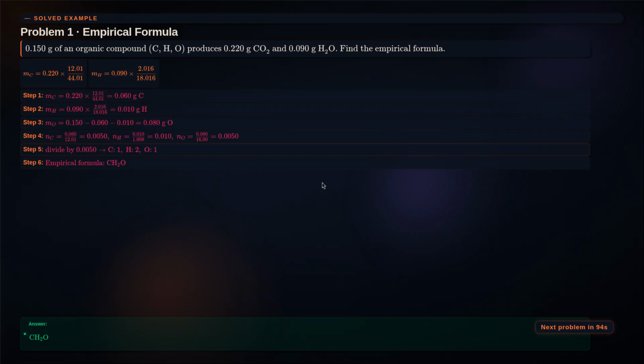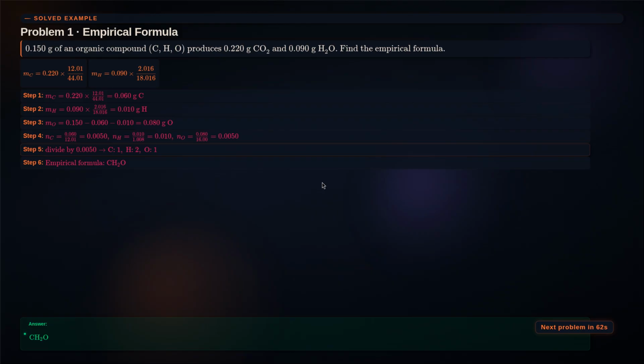Mass of carbon equals 0.220 times 12.01 divided by 44.01, which equals 0.060 grams. Step 2. Calculate the mass of hydrogen. Mass of hydrogen equals 0.090 times 2.016 divided by 18.016, which equals 0.010 grams. Then find the mass of oxygen by subtraction.